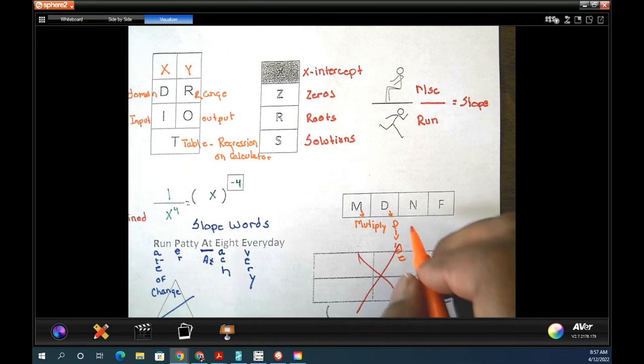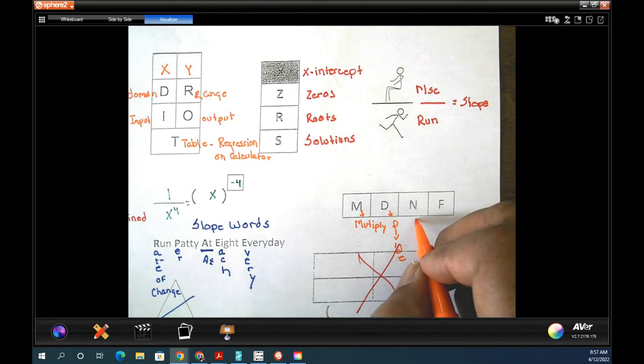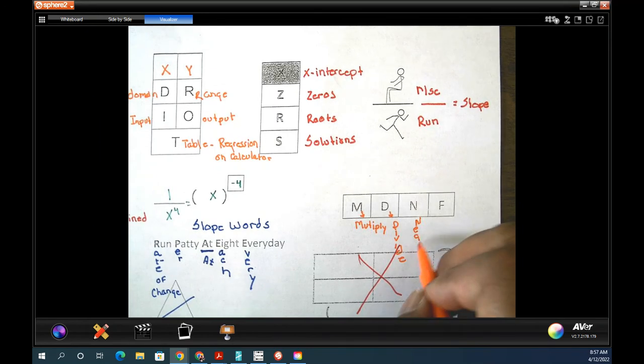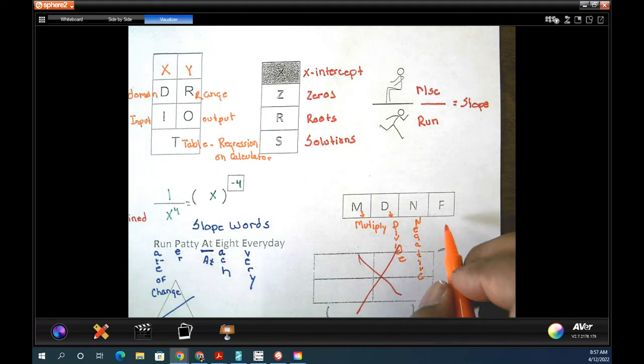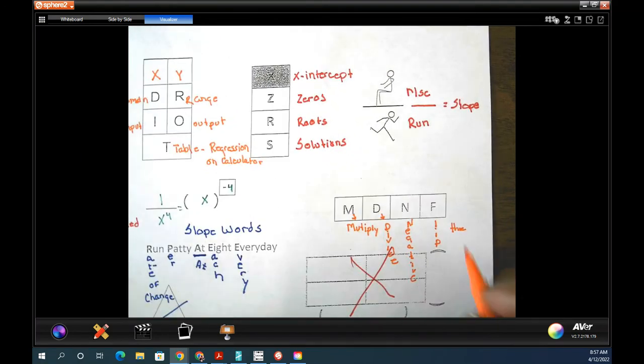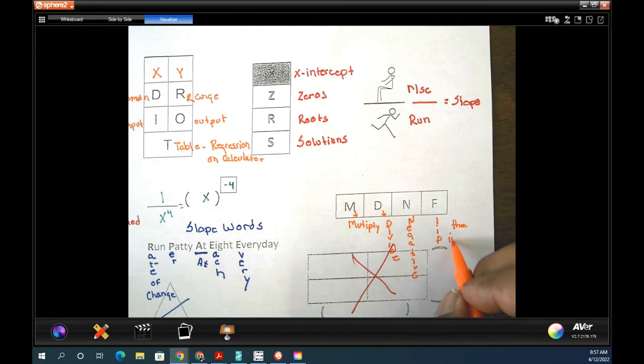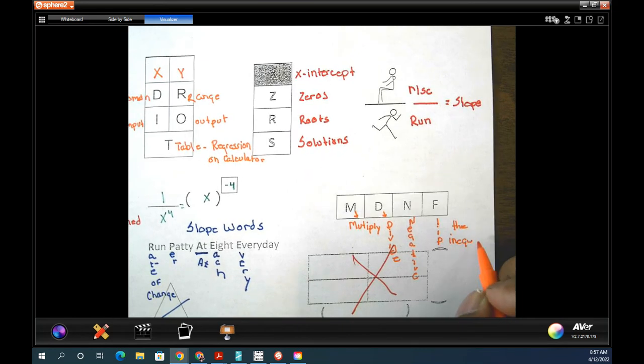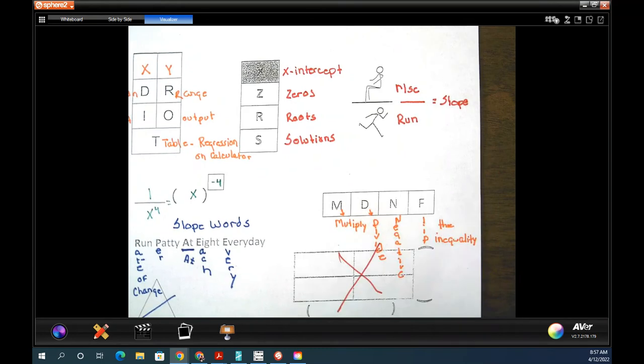Now, the N stands for negative. Flip the inequality. Now, this one you won't have to write down. You're going to flip the inequality.